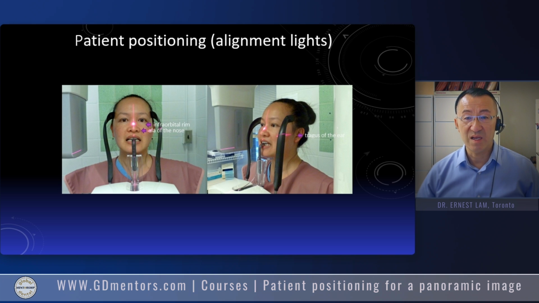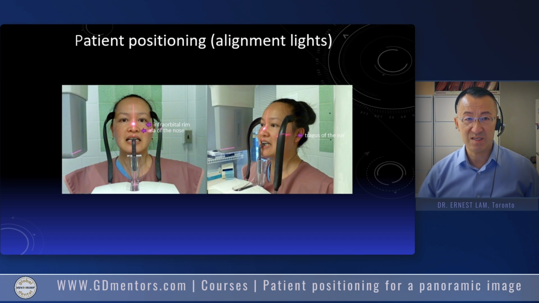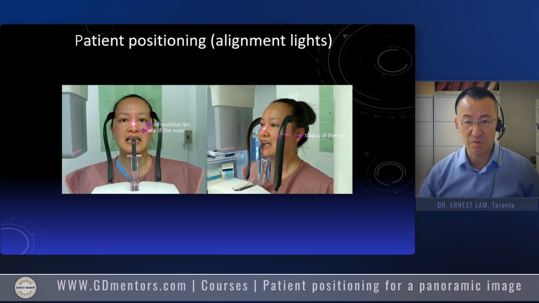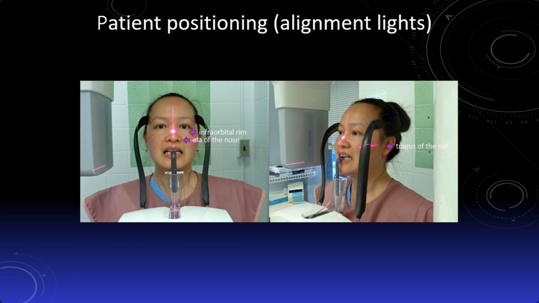There is also a horizontal landmark in which the patients can be oriented, and this will affect the way that their head is tilted a little up or a little downwards. Some people use the classic Frankfurt horizontal plane, which connects the tragus of the ear to the infraorbital rim.